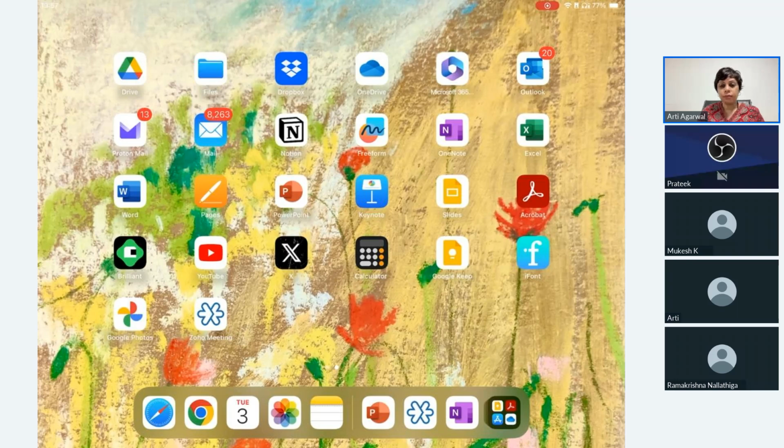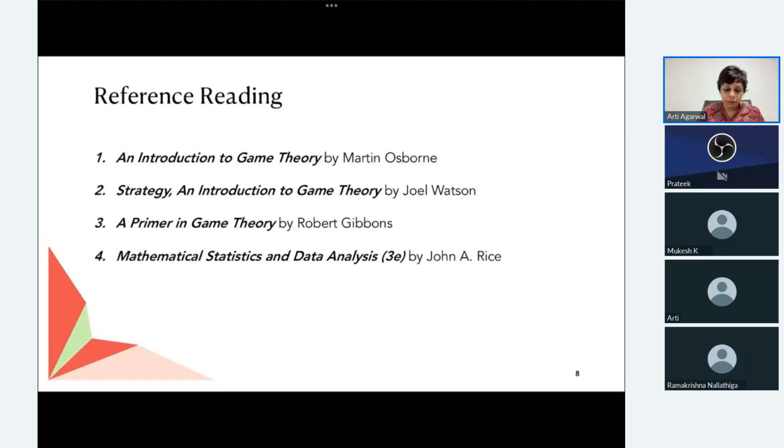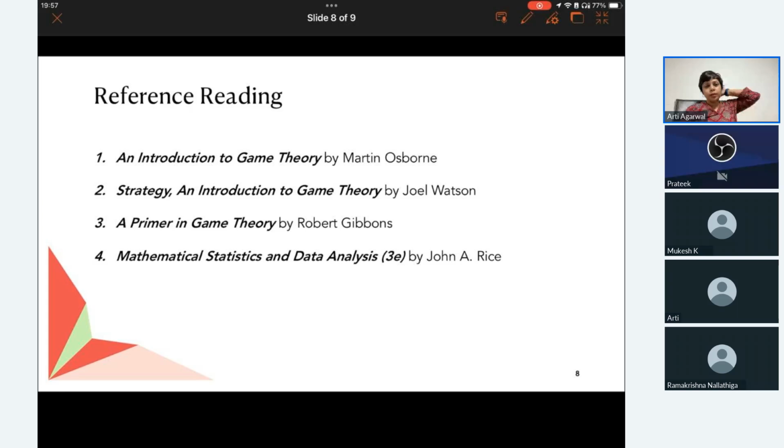For probability and statistics, the fourth book is the one I prefer. I use this book. It's not too lengthy, but it explains things in a very intuitive way if you want to refer to it.